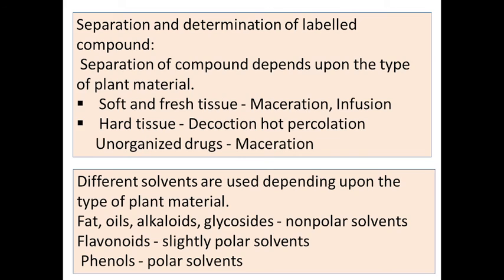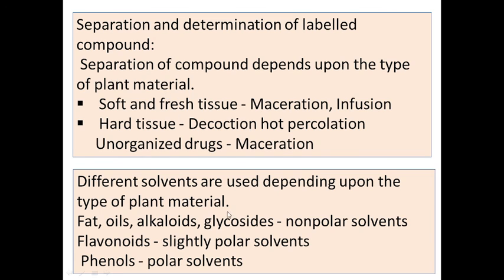Whereas polar solvents are those in which the bond between atoms has high electronegativity. So for fats, oil, alkaloid, glycoside, non-polar solvents are used, for separating flavonoids slightly polar solvents are used, and for separation of phenols polar solvents are used.